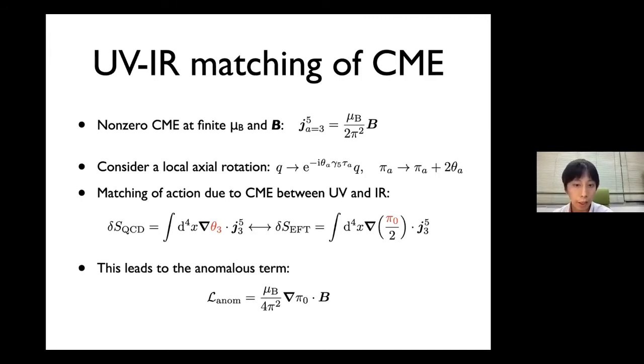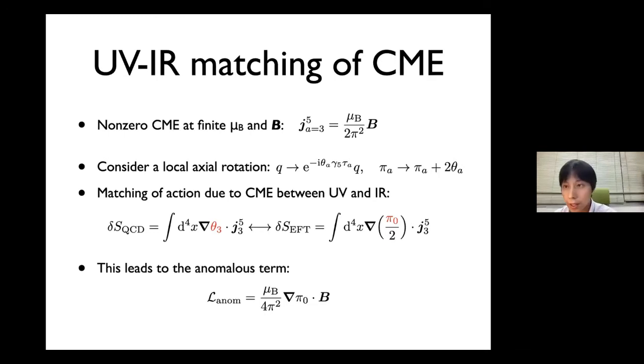We obtain the anomalous term in terms of pi in this form. You can see that this exactly reproduces the Witten term that we have seen in the previous slide with the same coefficient. In this way, this anomalous term can be understood as the UV-IR matching of the chiral magnetic effect.